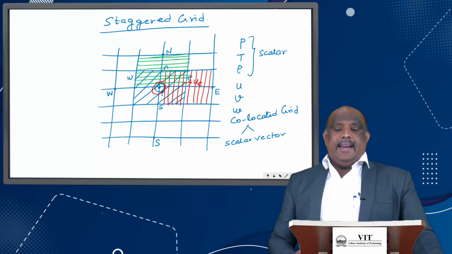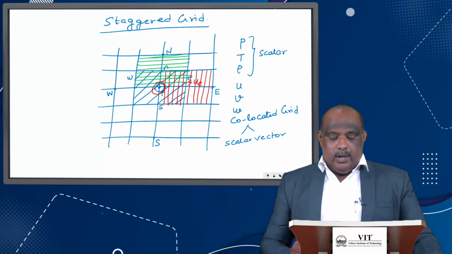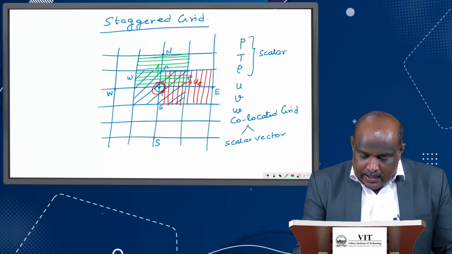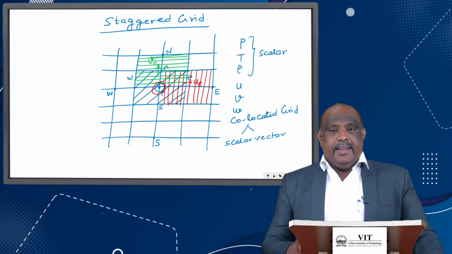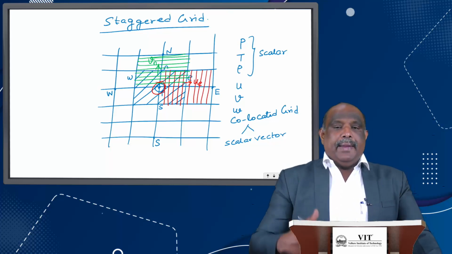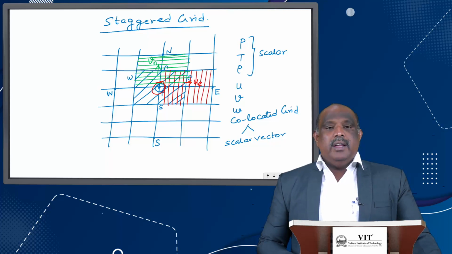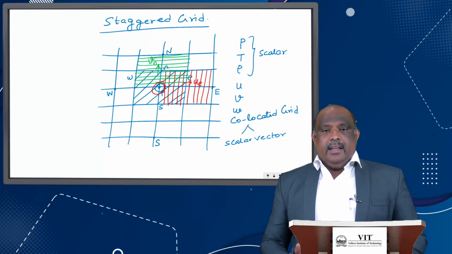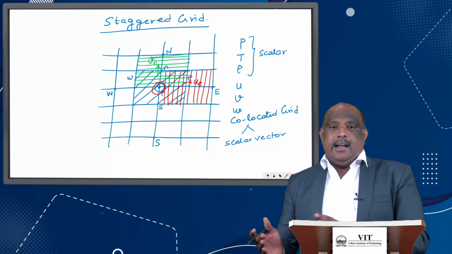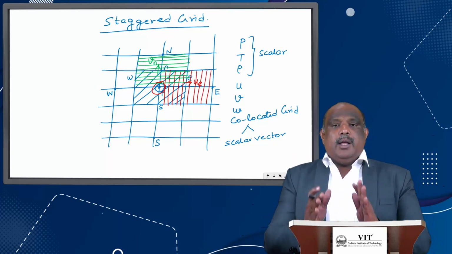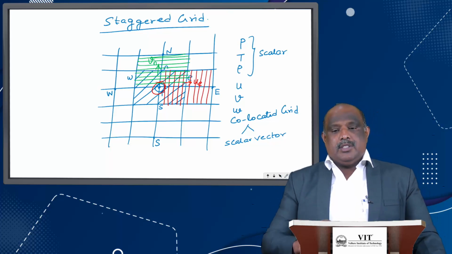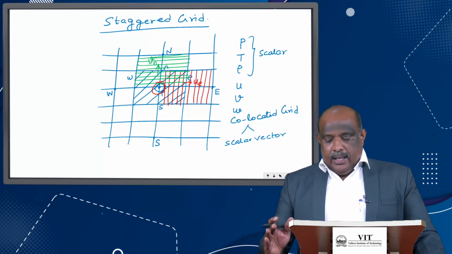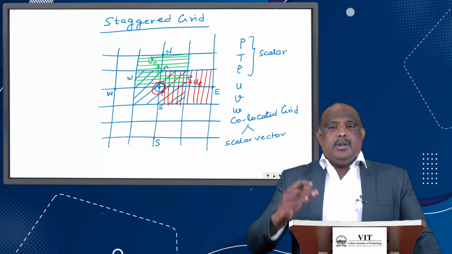Whatever I have drawn in green color is my V control volume, generally indicated as small vn. This V control volume has the limits capital N and P. So we have staggered the vector control volumes to the right and to the top, and the main control volume, or the scalar control volume, stays where it is. We are not moving it.